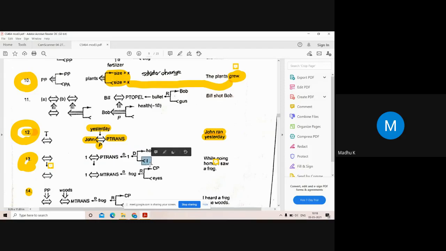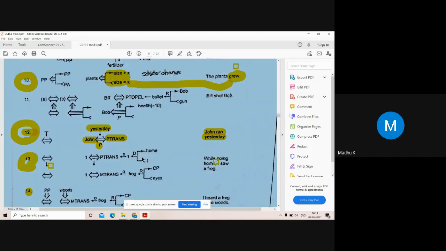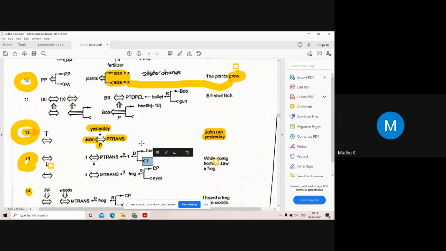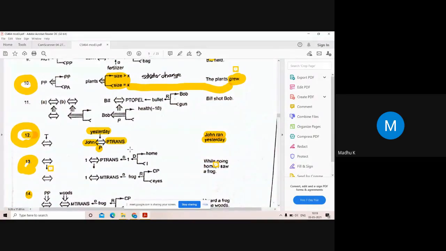I. You can note here, P trans is the action, and this is the I. Where am I going? I to home. Then here D, direction, is used.